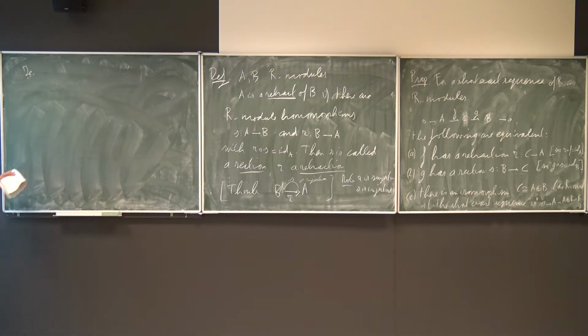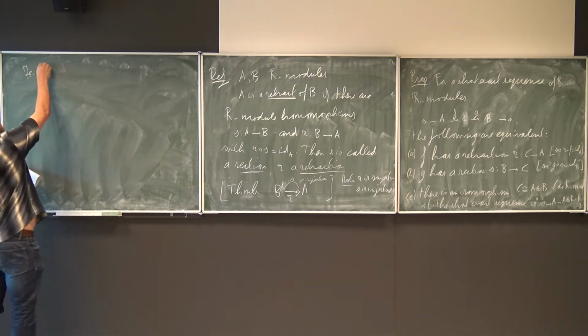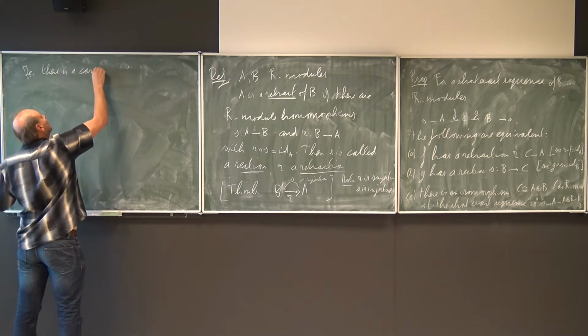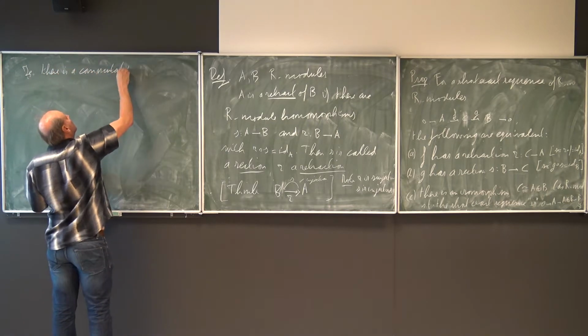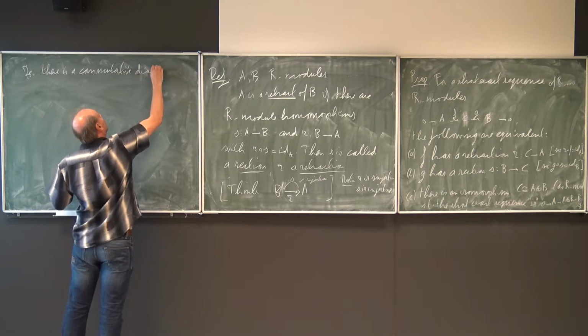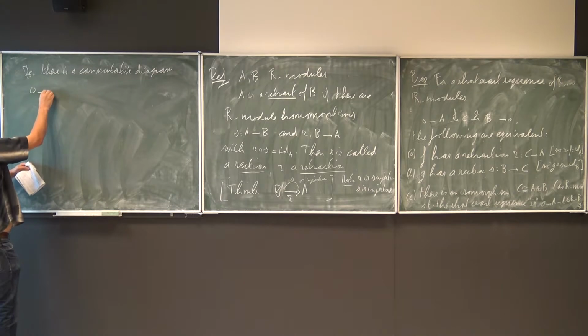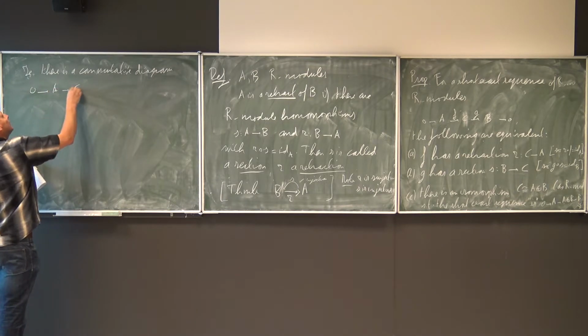So more precisely, this means there is a commutative diagram. I start with a sequence that I have been given.